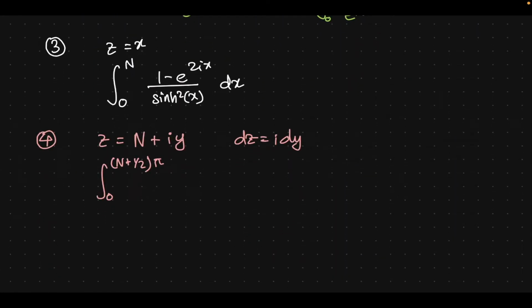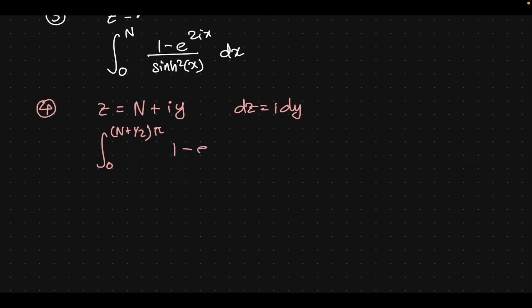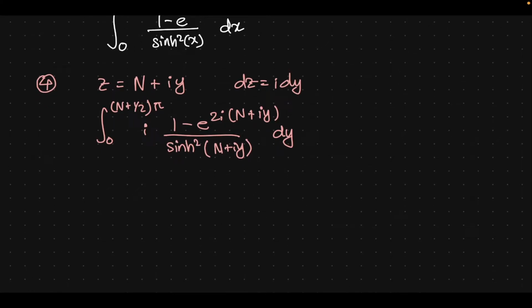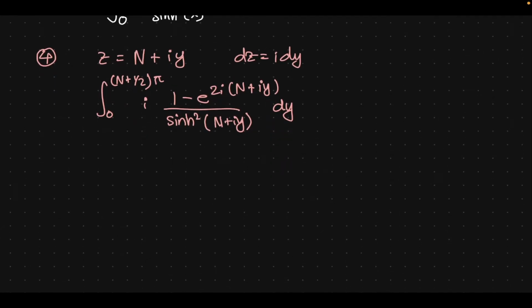Okay, now we're going to have 1 minus e to the 2i(n plus iy) divided by sinh squared of n plus iy, i dy up front. Okay, let's keep this as it is. We can't really do much. We can probably simplify a little bit more, nothing beyond that.